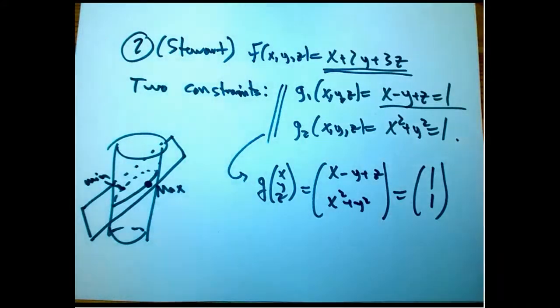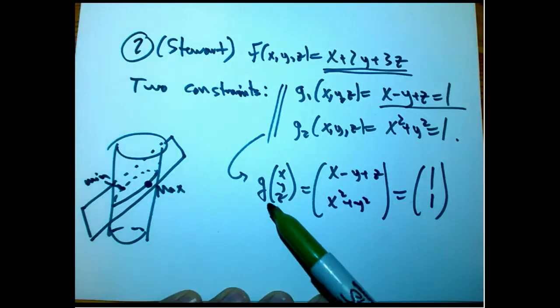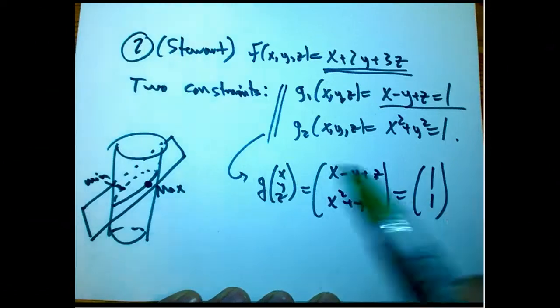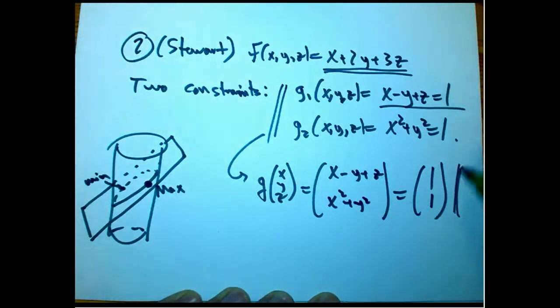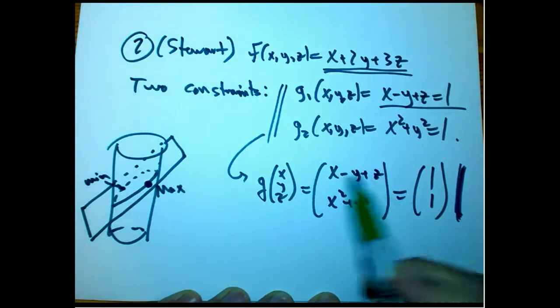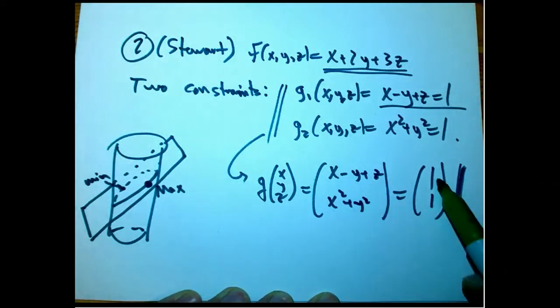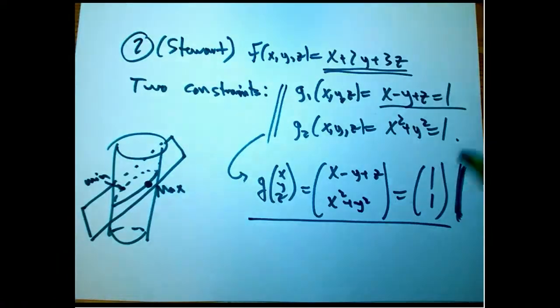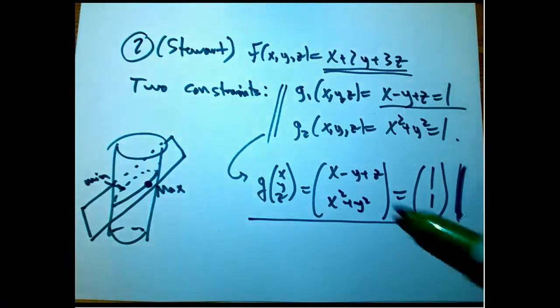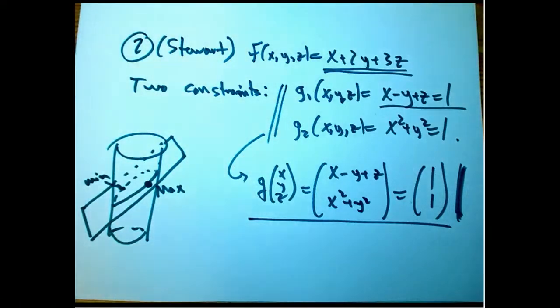So that's a lot of the time the more pedestrian meaning of when you phrase it in this fancy way, it's the level set of a map to something that's more than just R. You can just say, okay, this ordinary function, just real numbers, is equal to this number, and this ordinary function is equal to this, and it's the intersection of those. So the level set of a function with a multivariable output is the intersection of a bunch of ordinary level sets of real valued functions.